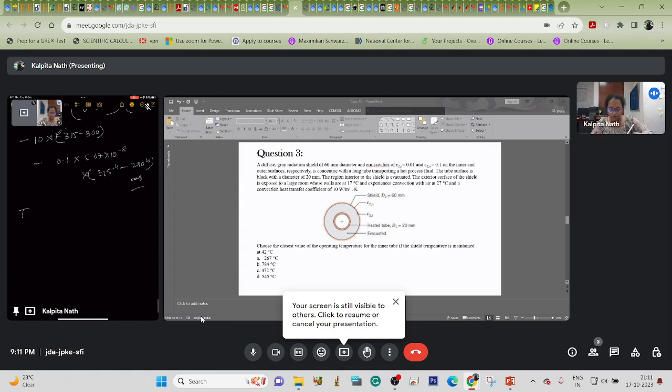So if we solve this, T1 will come out as 745 Kelvin. That means 472 degrees Celsius.